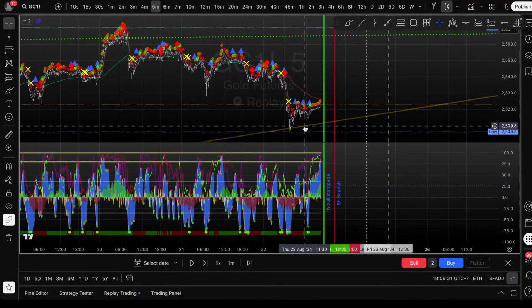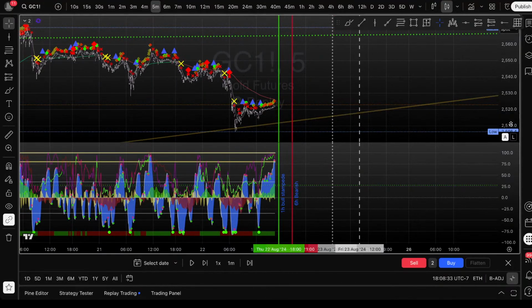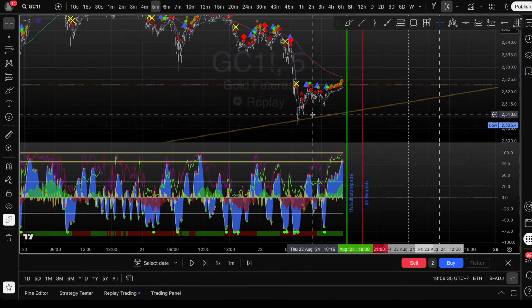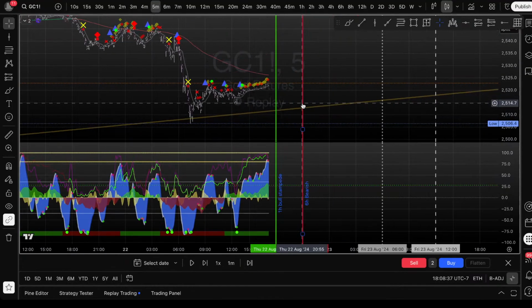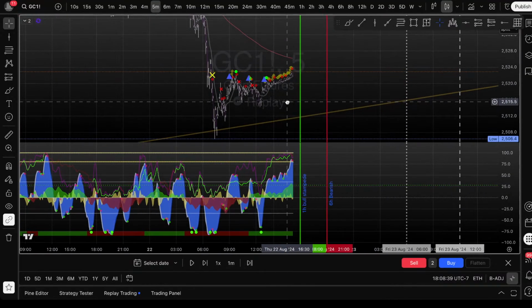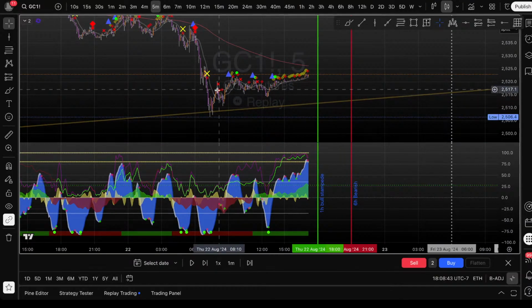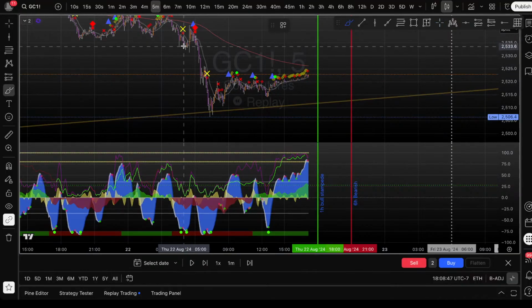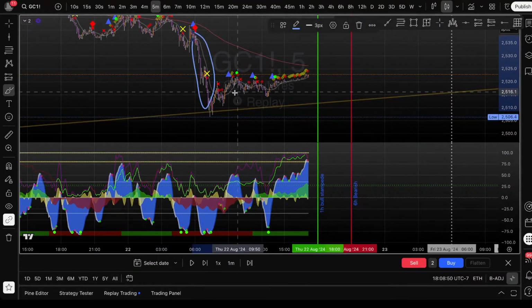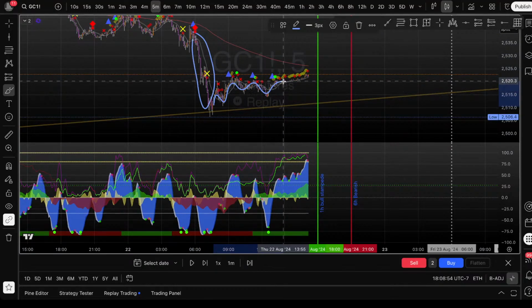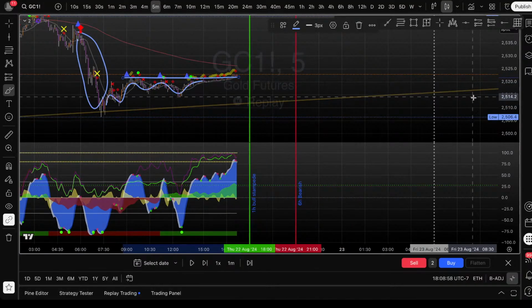Yeah, I mean, we bounced off of this trend line, and that's where we're getting a lot of change in buying pressure. This is the move we took downwards. This is just some kind of sideways action going on though. We are kind of breaking out of that.